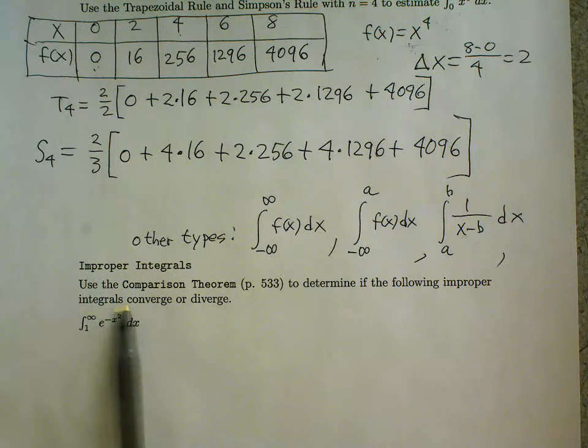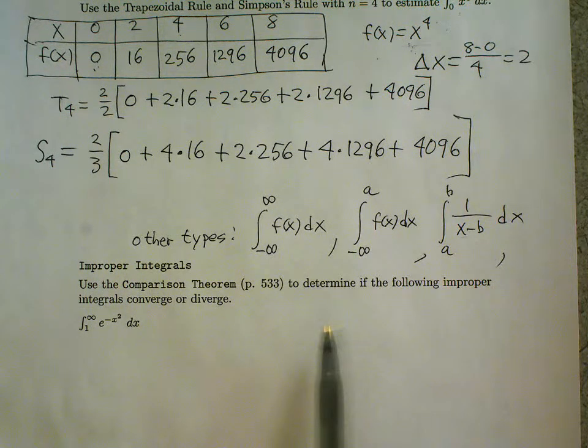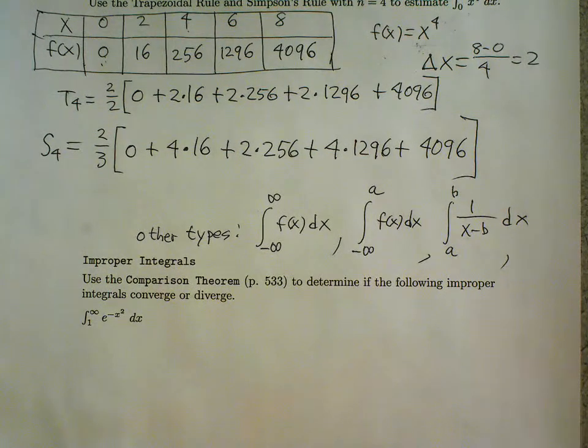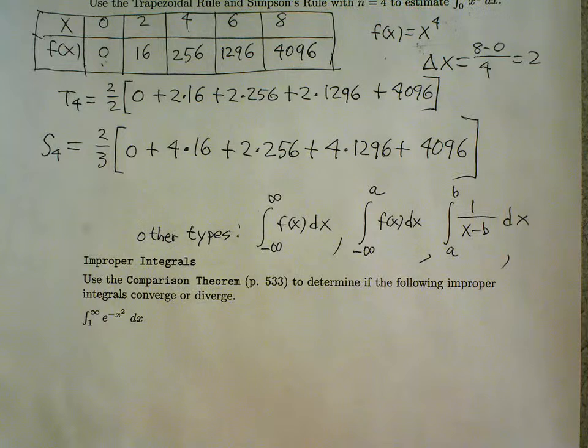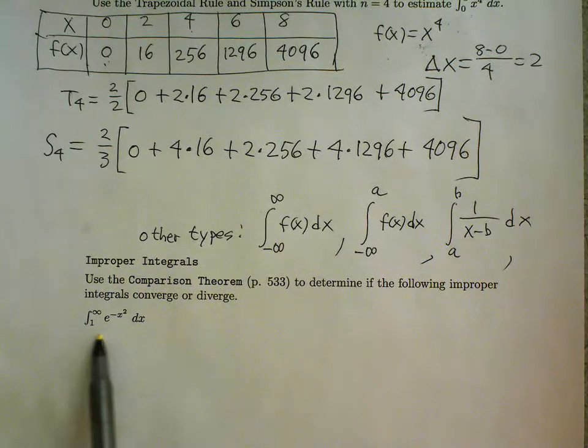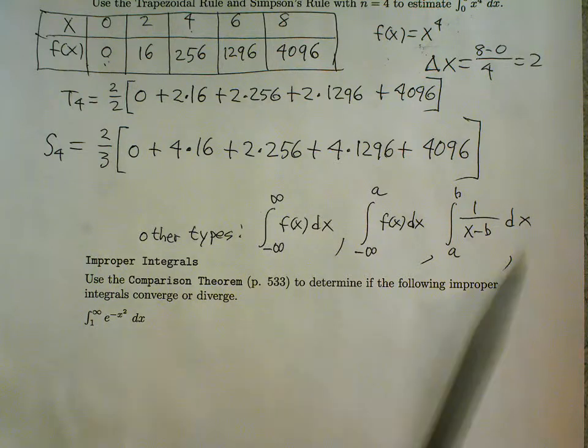This says use the comparison theorem to determine if the following improper integrals converge or diverge. Well, with some experience, you can have a suspicion on whether an improper integral will converge or not.